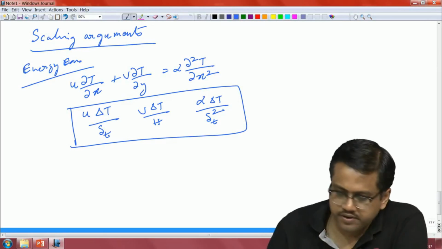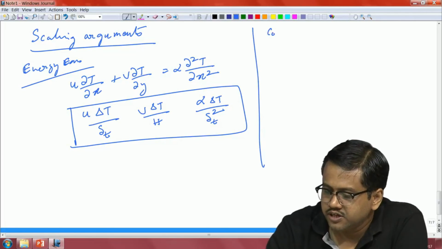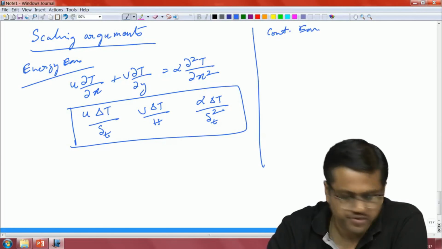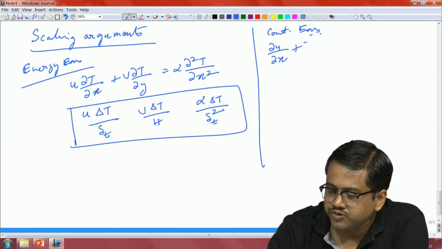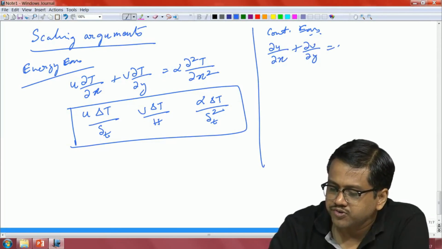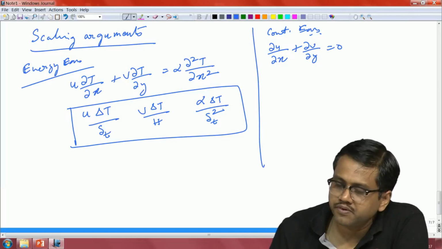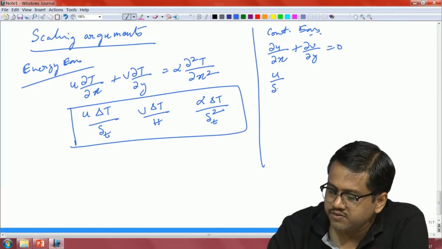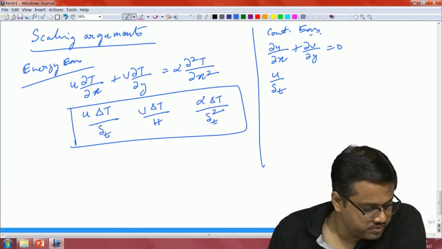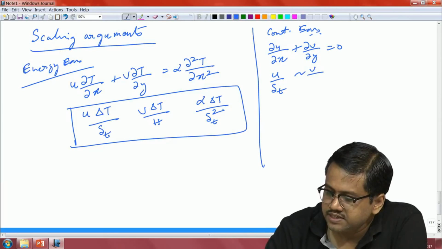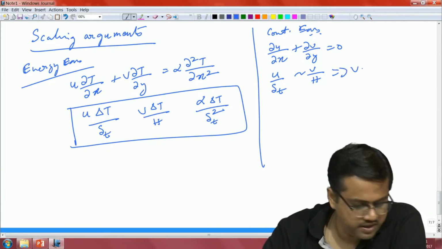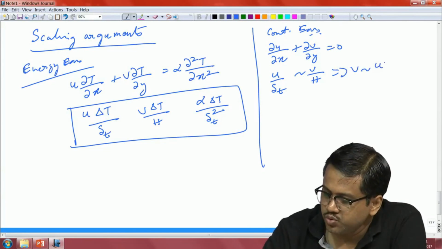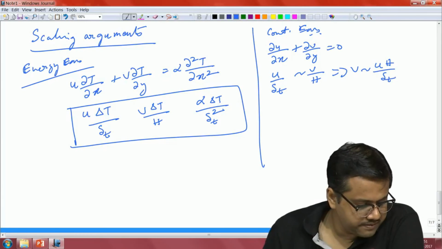Got it? So, that is the first thing. The continuity equation therefore equals 0, right. So, this is given by u over L scales as v by h, right.